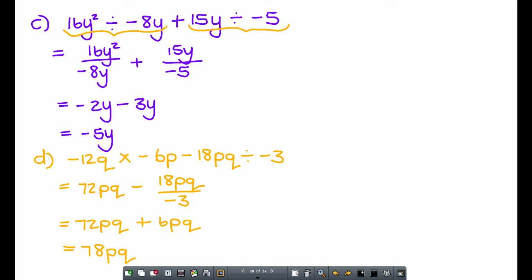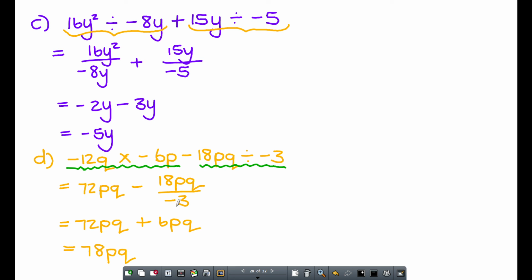Okay, and then at D, I first had to multiply these two, and minus 12q times minus 6p gave me positive 72pq. And then minus, and now I've got to divide these two. So 18pq divided by minus 3, and that's simplified.